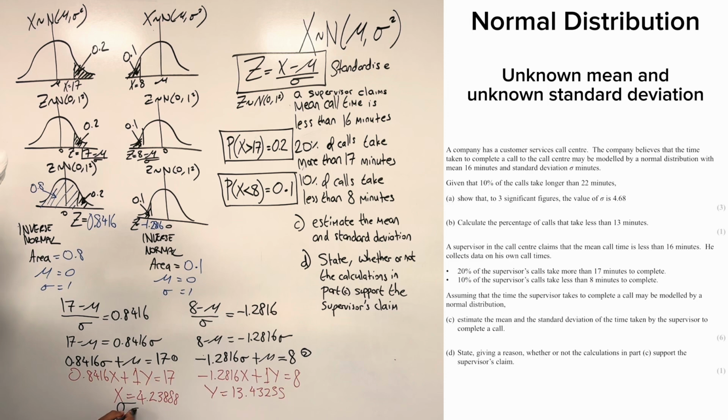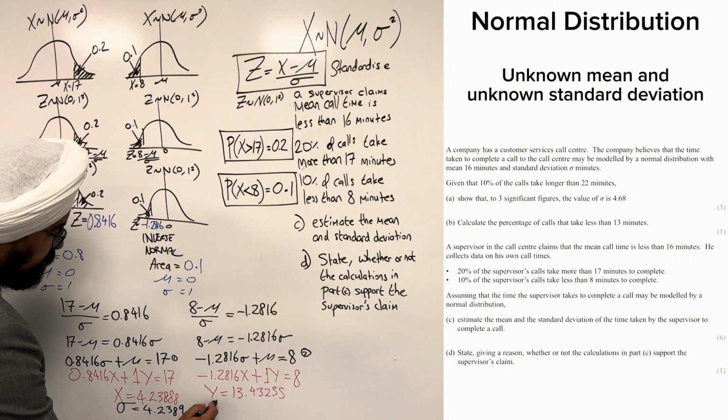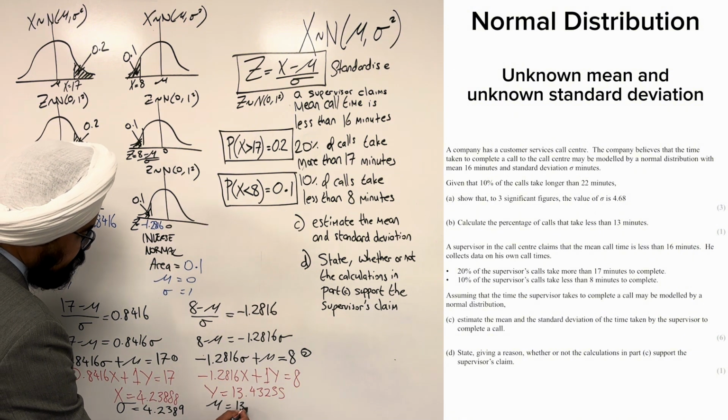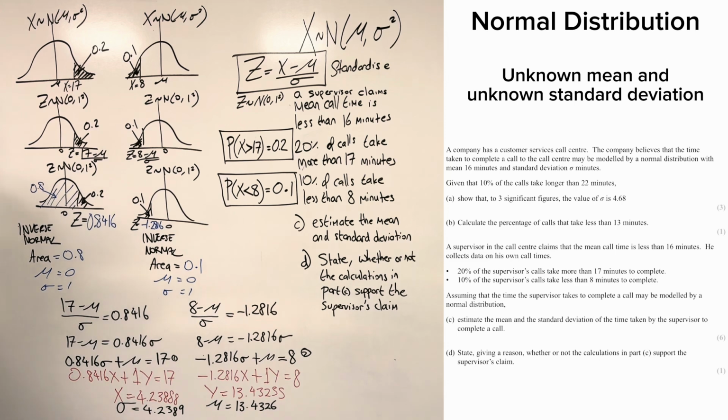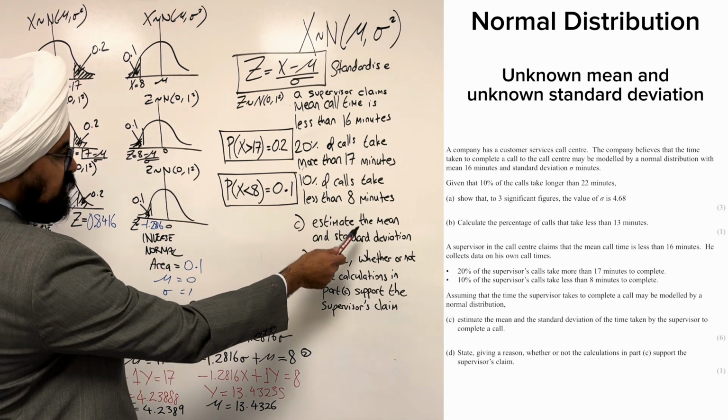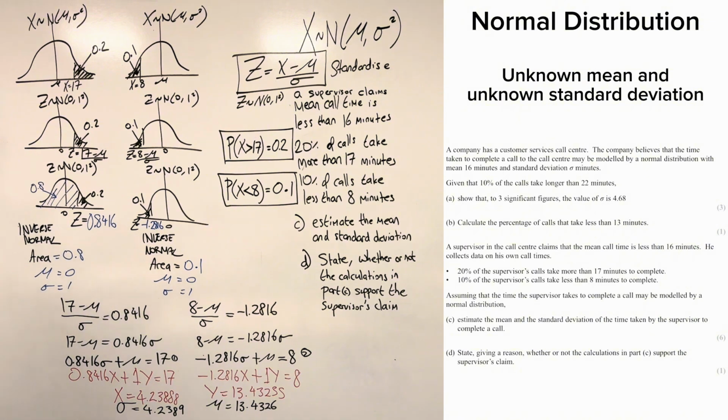So sigma is equal to 4.2389 to 4dp, and my mu, which is the mean, is 13.4326. And now I've been able to work out what the mean is and what the standard deviation is.